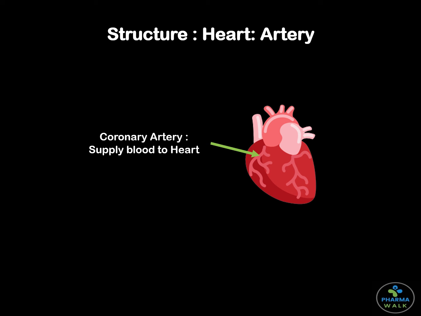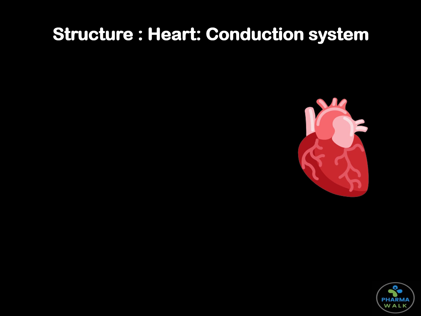Now last, that is the conduction system of the heart. Heart beating is very important. So the heart has an electrical signal system, or we can say a conduction system, which is responsible for the beating of the heart. In the next video, we'll discuss in detail how signal generation and the passage of the signal happen within the heart.